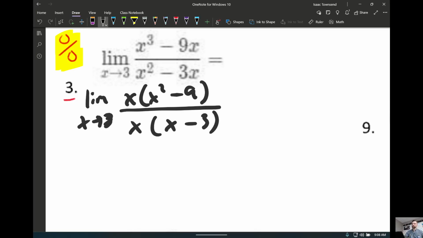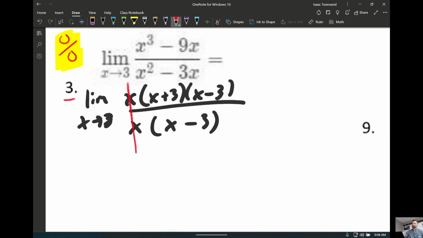In fact, if you just factor it like this, cancel something out, you still get 0 over 0, which just means that you didn't go far enough. So this numerator not only had a GCF, it also was the difference of 2 squares. And so you had some x's that could cancel, and you had an x minus 3 that could cancel.